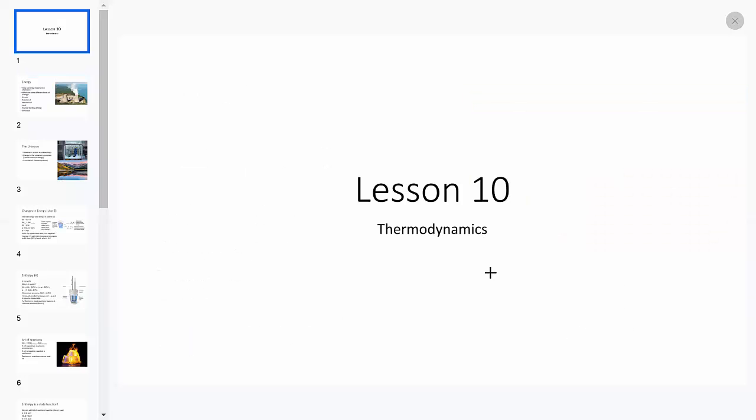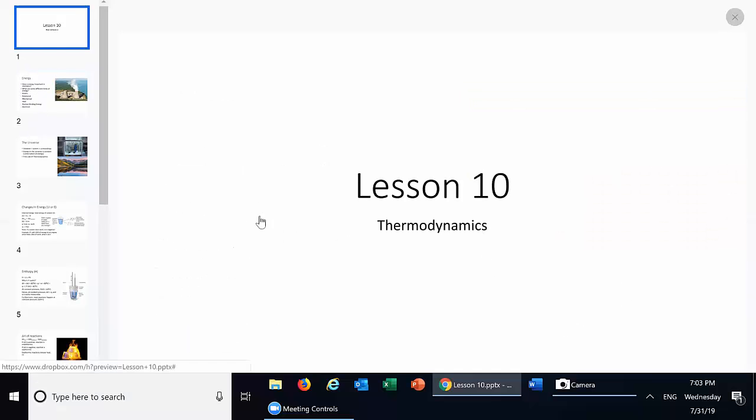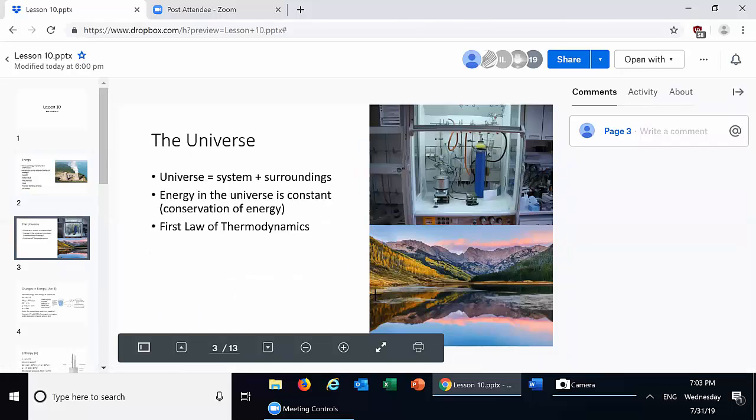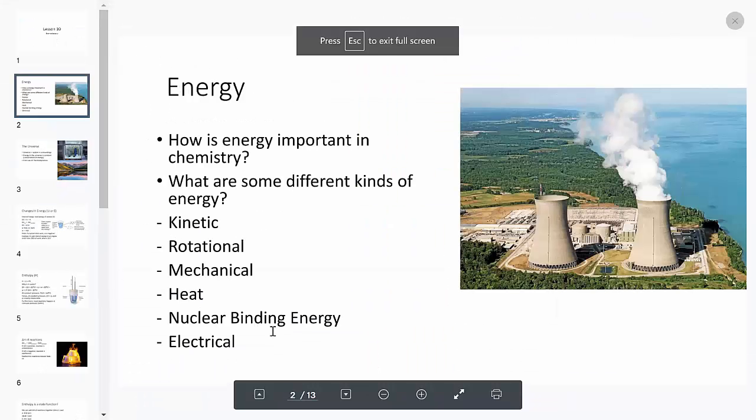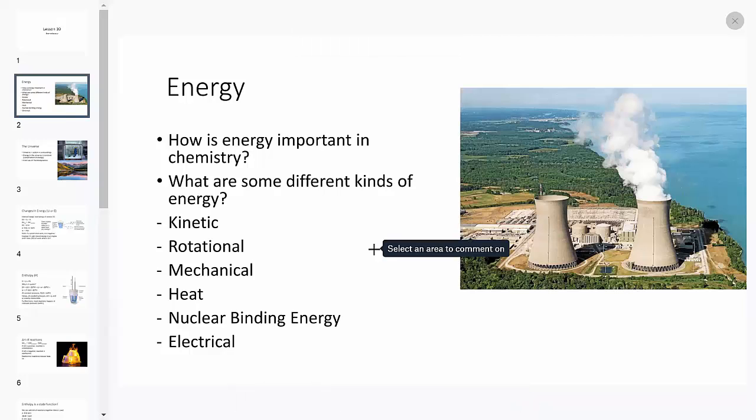And also, we have nuclear binding energy. Uranium is decaying into smaller atoms, and there's a certain amount of energy that holds the protons and the neutrons in the nucleus together. You know Einstein's famous equation E = mc squared, right?